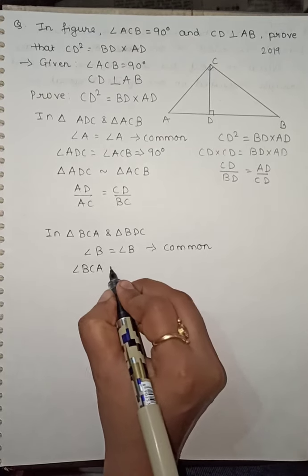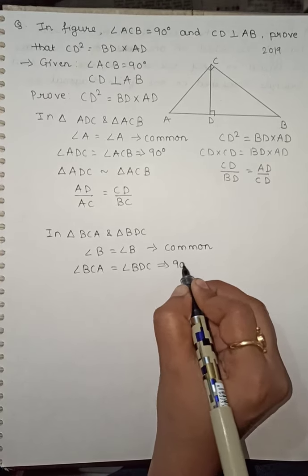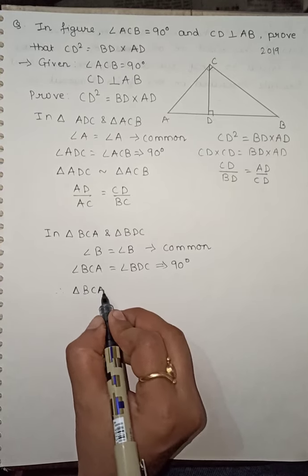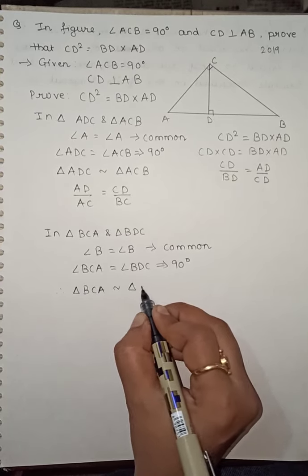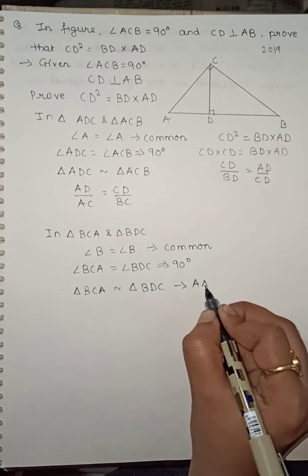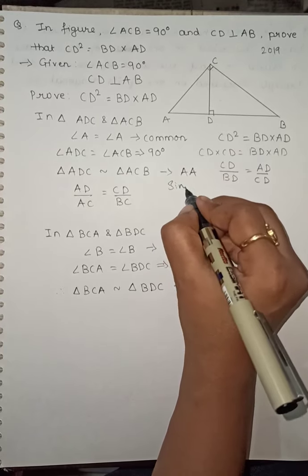So angle BCA equals angle BDC, and both are 90 degrees. Therefore, triangle BCA is similar to triangle BDC by AA similarity. Here also I have forgotten to write AA similarity.